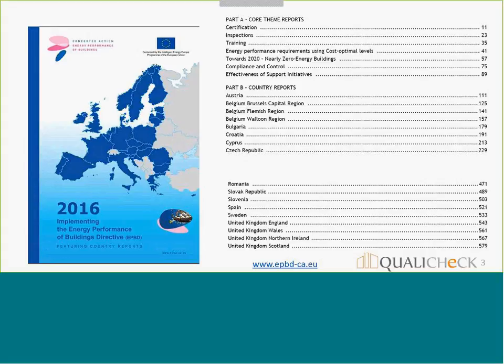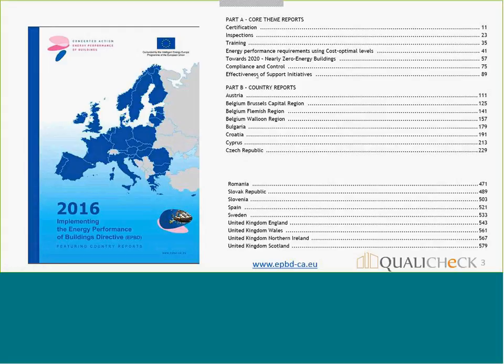The public part of it is what's called the EPBD CA book, and what you see here on the left-hand side is the cover of this electronic book. It's only electronically available, and you can download it on the website ebbdca.eu. On the right-hand side at the top, we have the core team reports, where you find the synthesis of lessons learned in previous years on topics like certification, inspection, training, but also compliance and control, which is quite heavily linked to what we discussed in QUALICHeCK.